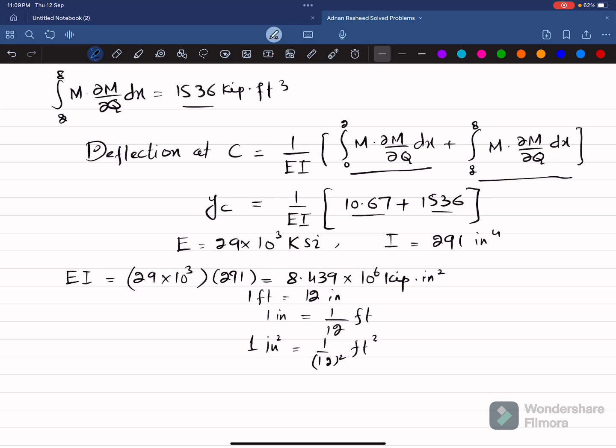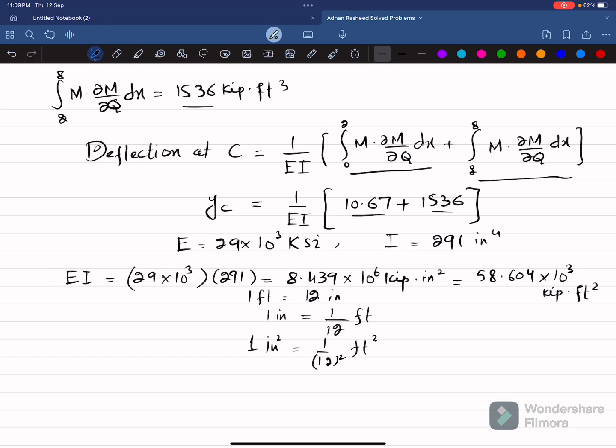Again, we will multiply this 8.439 into 10 raised to power 6 with 1 over 12 square. So you will get the value as 58.604 into 10 raised to power 3 kips into square feet.